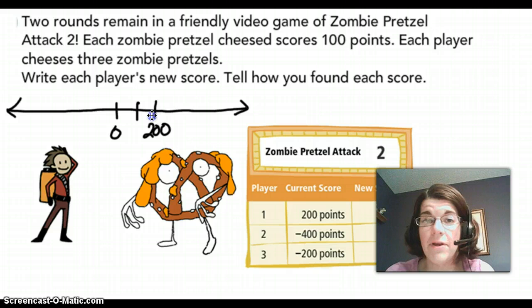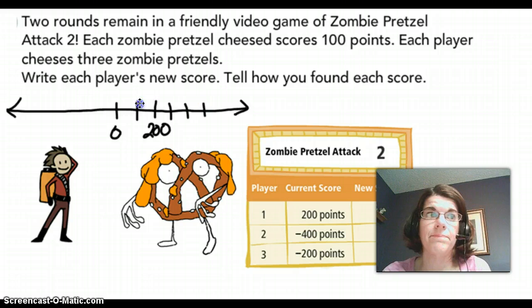And if I'm going to add 300 to that, then I have to move 3 jumps to the right again. 1, 2, 3. So that would be a score of 500. 200 plus 300 would be 500.